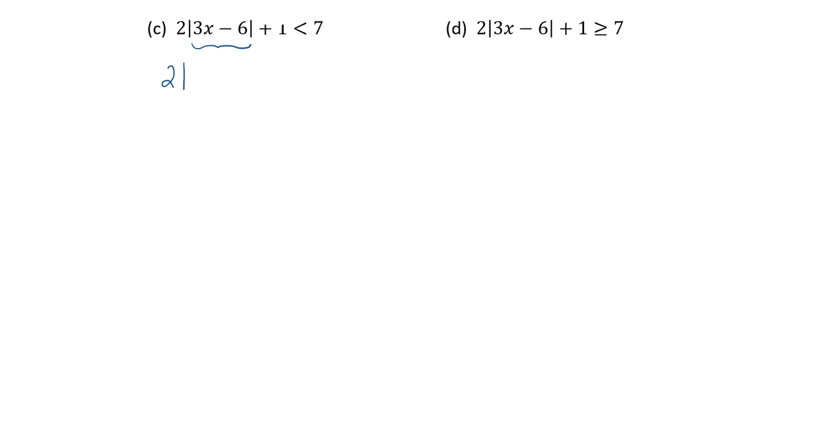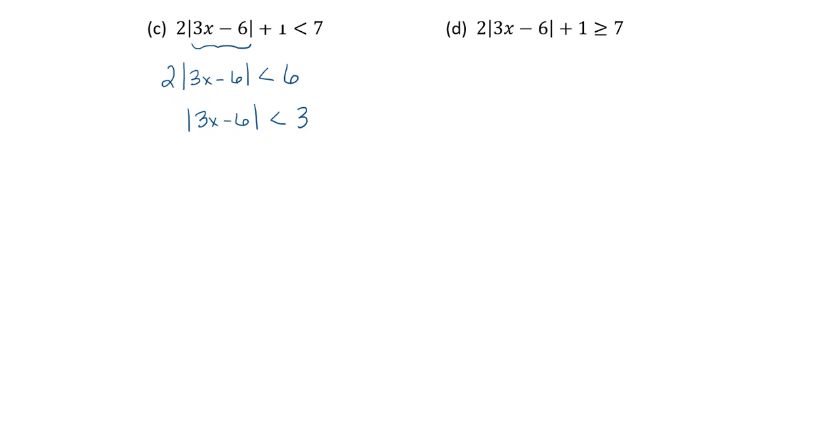I'll have 2 times the absolute value of 3x minus 6 is less than 6. This 2 is just a coefficient. It's not part of the absolute value expression, so we need to divide that off. That will give me absolute value of 3x minus 6 is less than 3.